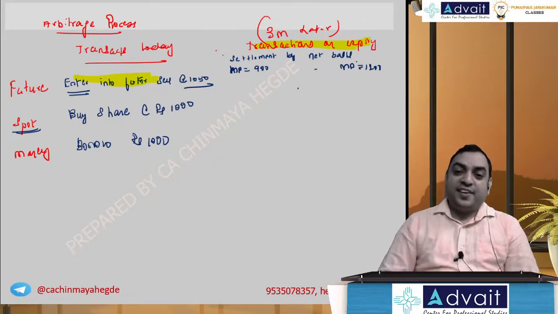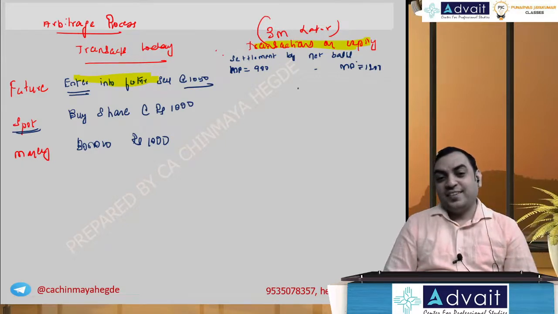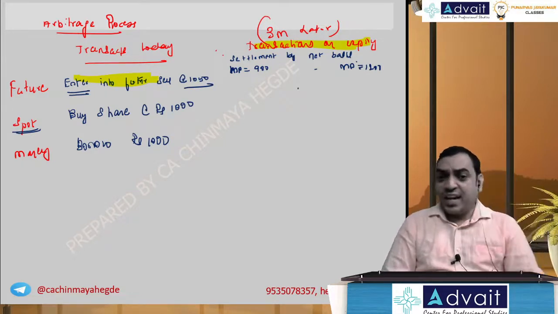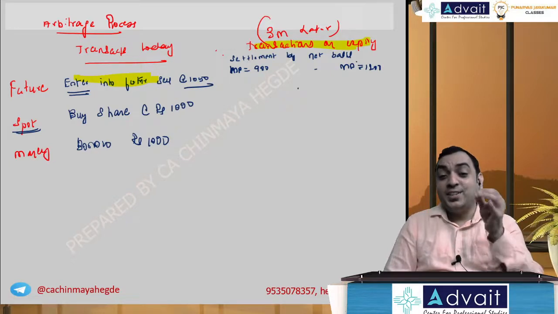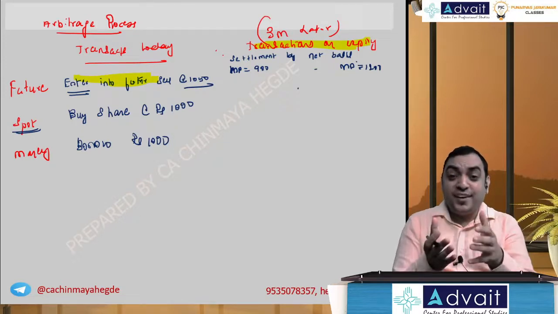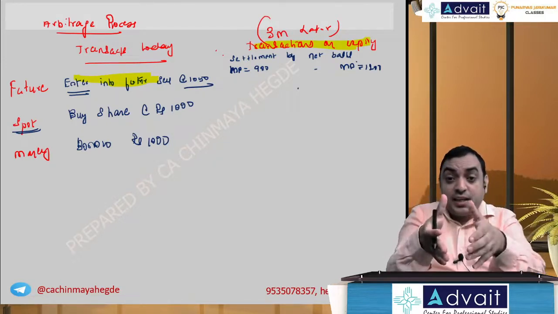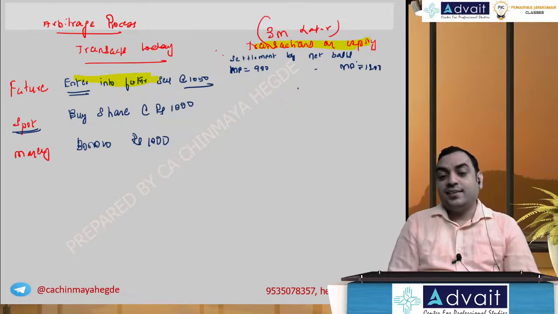Now this 900 or 1200, is it the future price or the spot price? This is the price prevailing after 3 months. For which market? Is it applicable for the future market or the spot market? The answer is both. How? Because I just told you earlier, on the expiry date, the spot market and the future market will coincide.